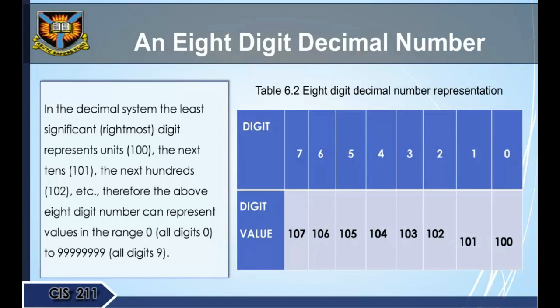In the decimal system, the least significant rightmost digit represents units, 10^0, the next tens, 10^1, the next hundreds, 10^2, etc. Therefore, the above 8-digit number can represent values in the range 0, all digits 0, to 99999999, all digits 9.